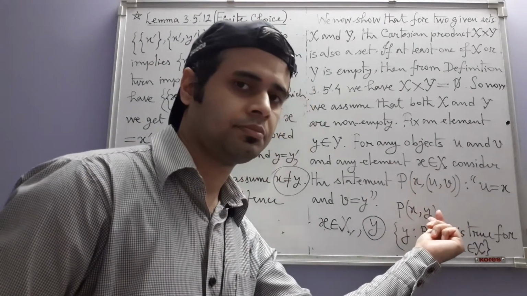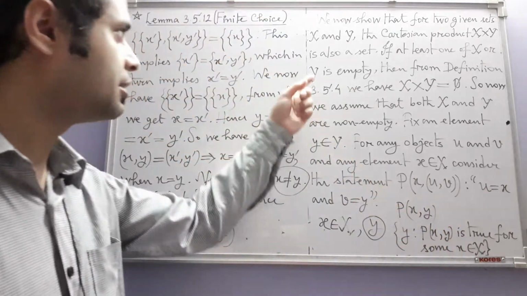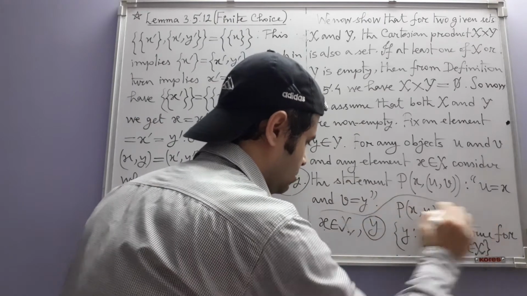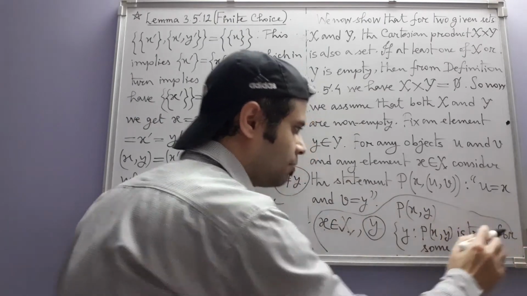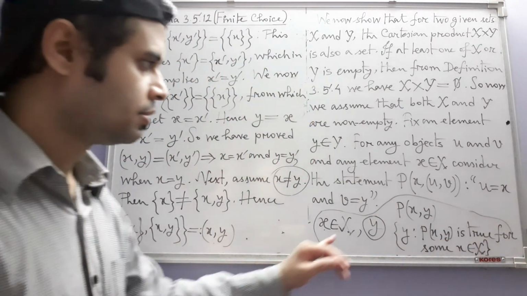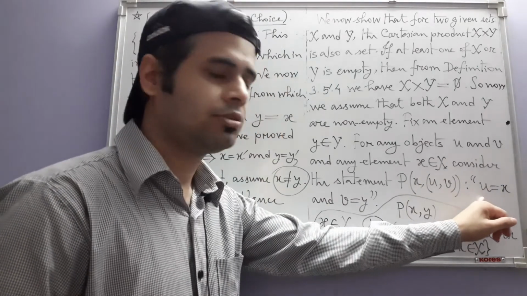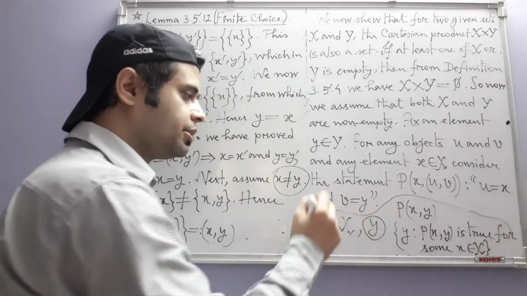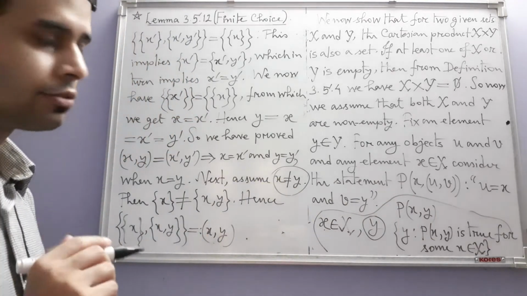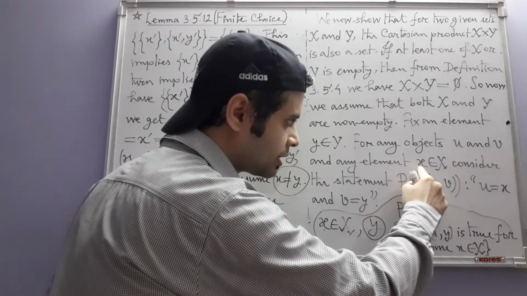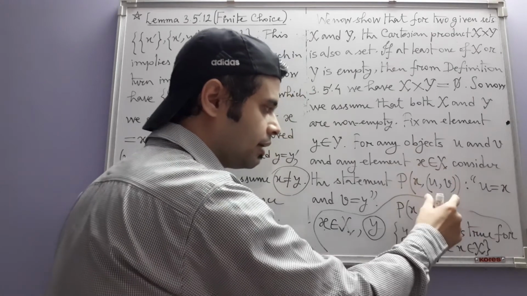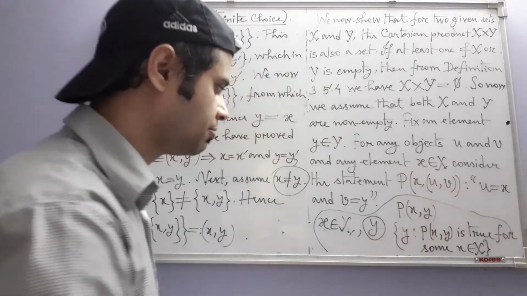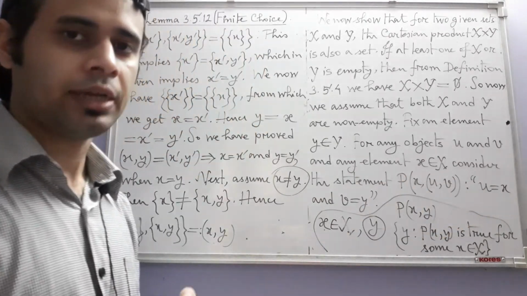Don't confuse this y with that y in the axiom of replacement stated separately. Now this is our actual statement P. Is the condition true for this statement, that for a given element x in X, there exists at most one object (u, v) for which this is true? Actually that is true.